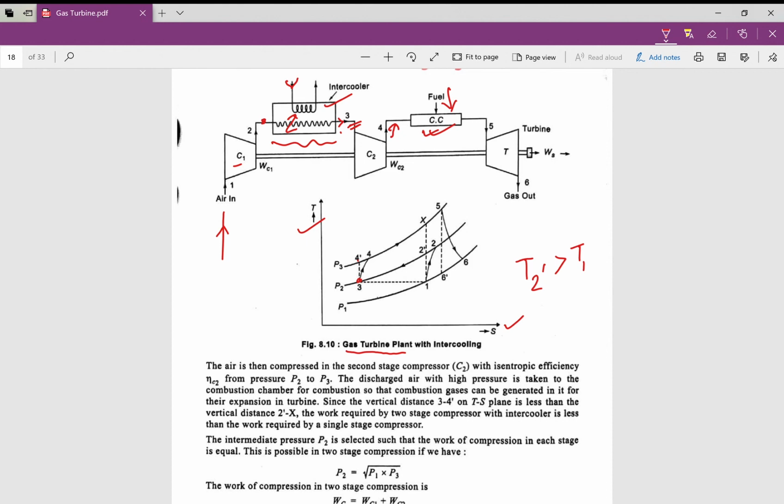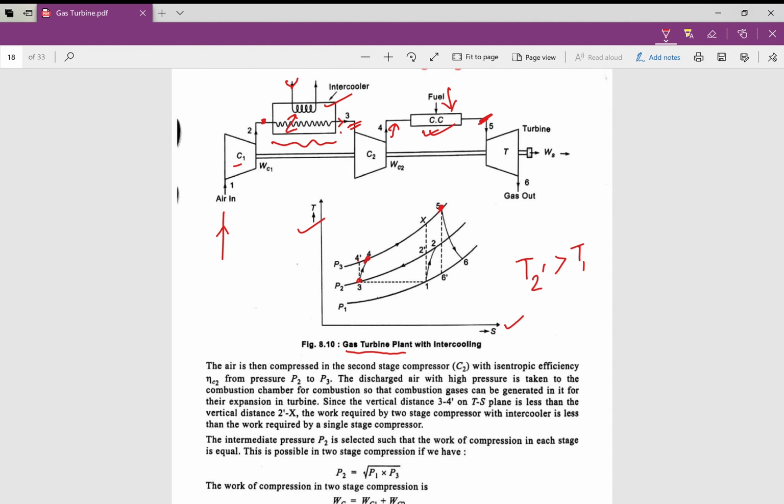So in process 4 to 5 combustion of fuel takes place. Process 4-5 is the heat addition process, and after burning in the combustion chamber, at point 5, at the outlet of the combustion chamber, we get air at very high pressure and temperature as well.